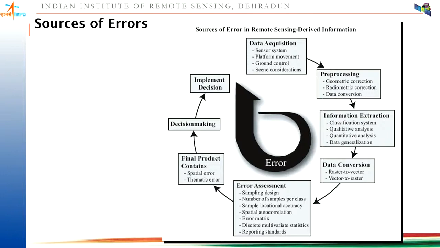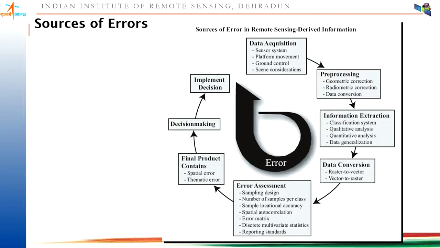You can have error during the pre-processing, the radiometric and geometric correction that you have performed prior to that. There are also certain data conversions. Suppose you are converting from raster to vector, or from one data type to another data type. In that also some error might creep into your data set.